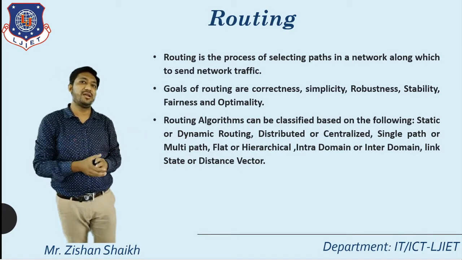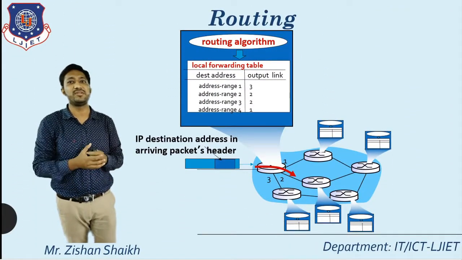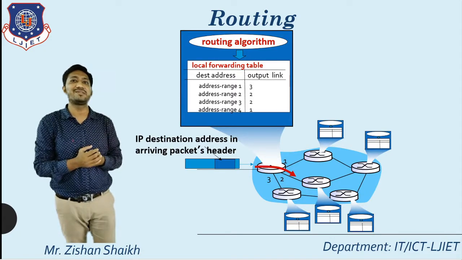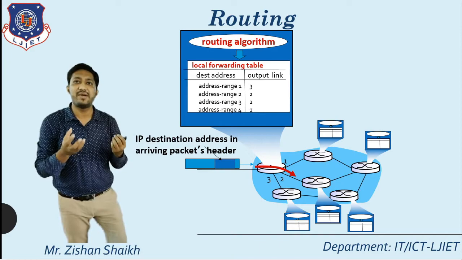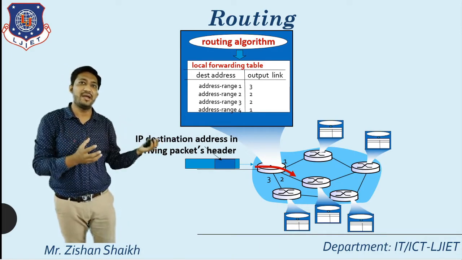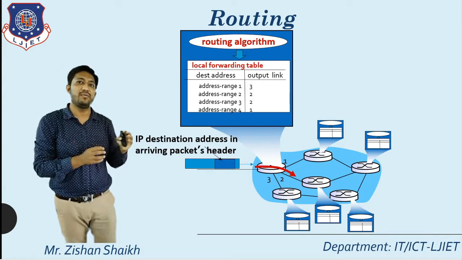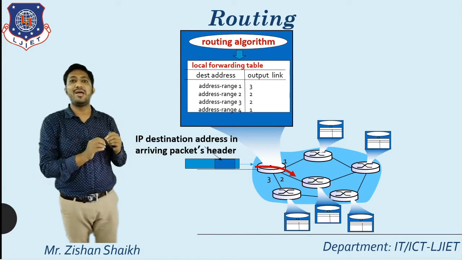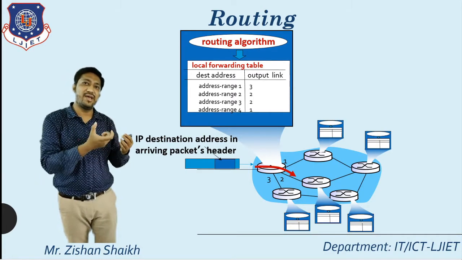Now, how exactly is routing performed? In the routing process, each router is connected with the next network. That network has some identification, done by the network address, and that is maintained by the router. Any IP destination contains a specific IP address.